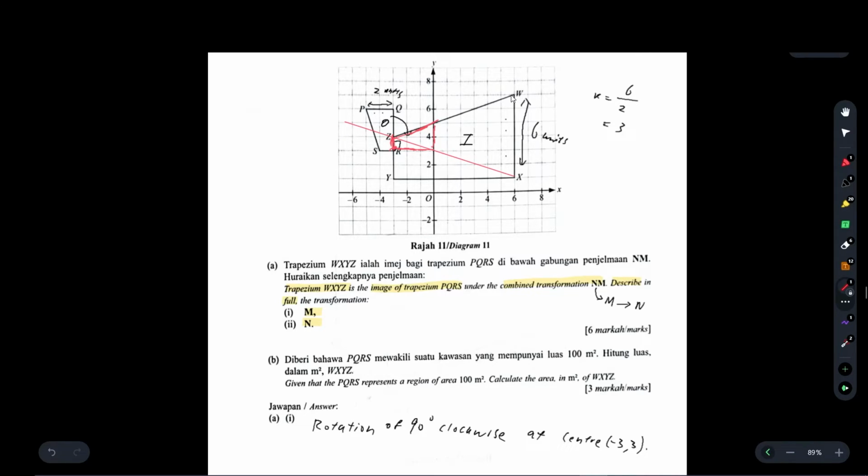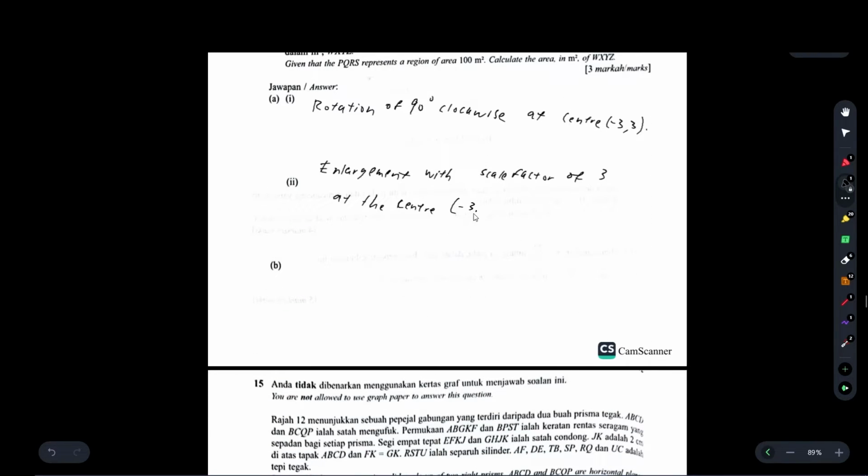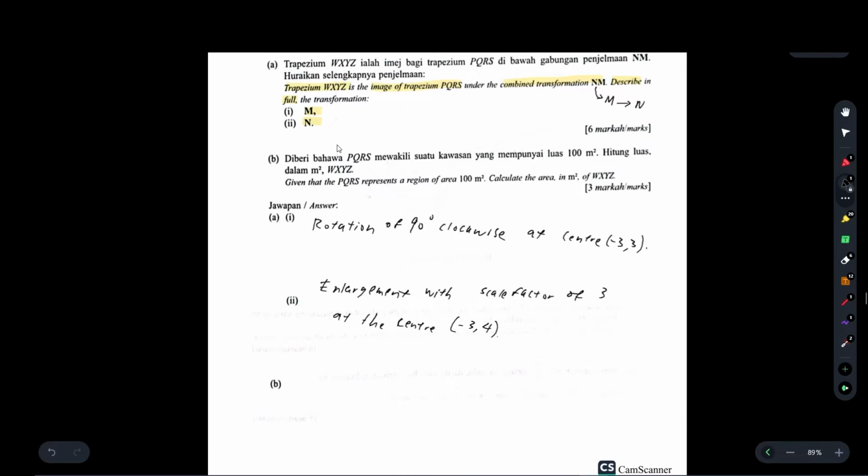Yeah, that's about here, and then this represents this. Two lines are enough. It intersects at this point, so this is the center of the enlargement, which is -3, 4. So that's the full description of transformations M and N.